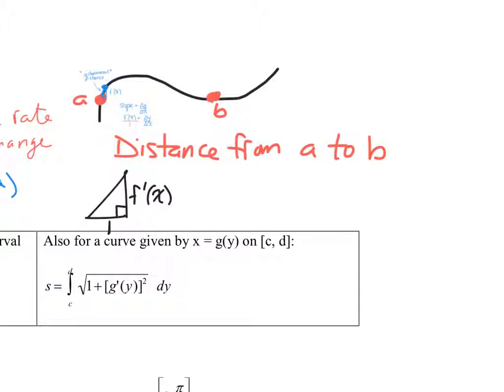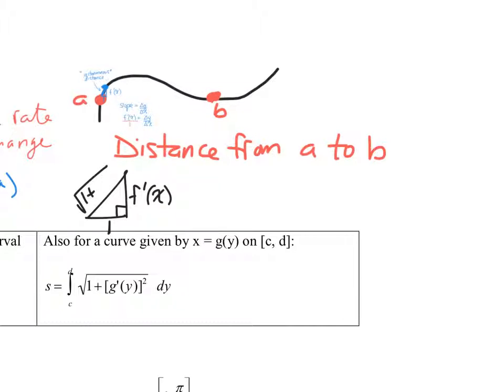Now if I want the hypotenuse, I just use the Pythagorean theorem. All right. So the squared values added together under a root. So the square root of 1 plus f prime of x squared. I gotta clean that up. I'm sorry.